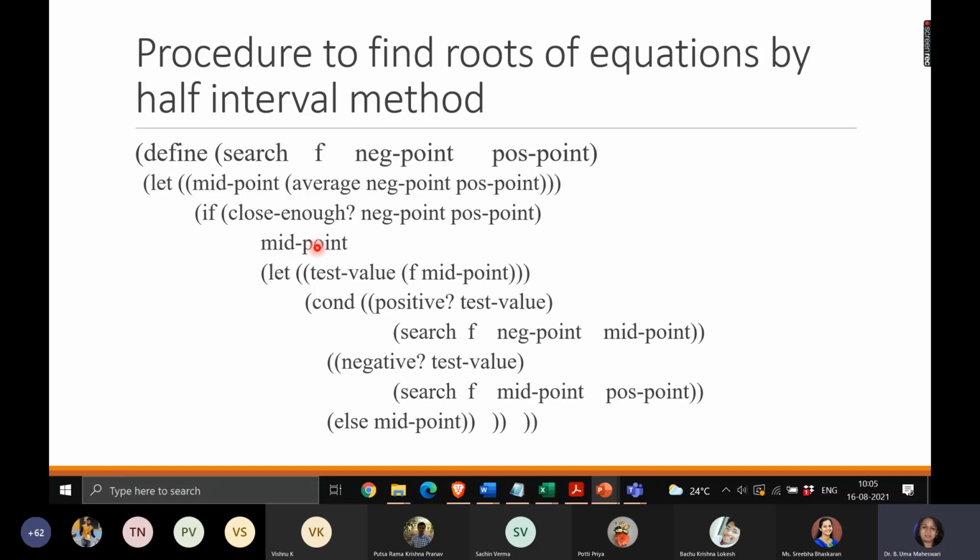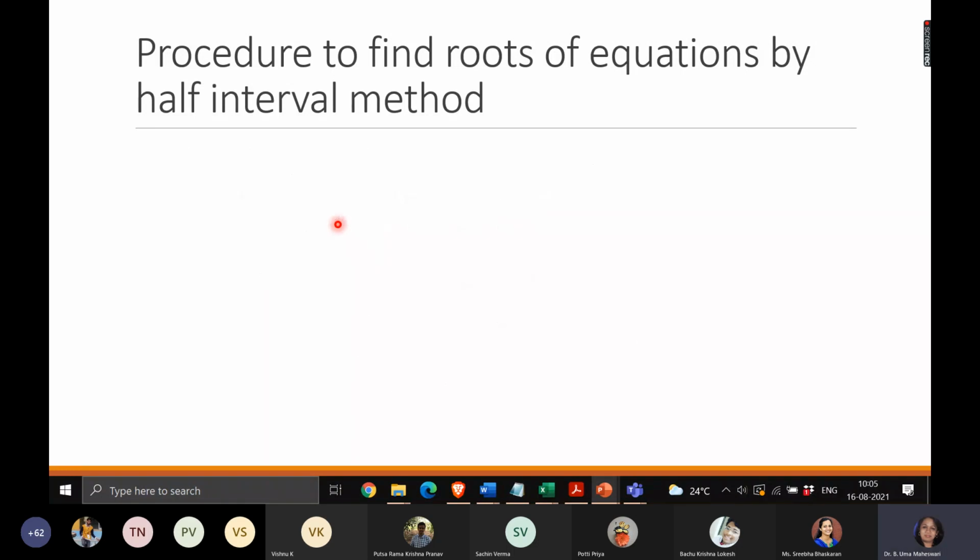So at any point, the primitive elements of Lisp, you have to understand. Then only you can write a program on your own. Right, so here you had a confusion. Always we expect a true or false. But you are calling a procedure, so the procedure has to return you true or false.